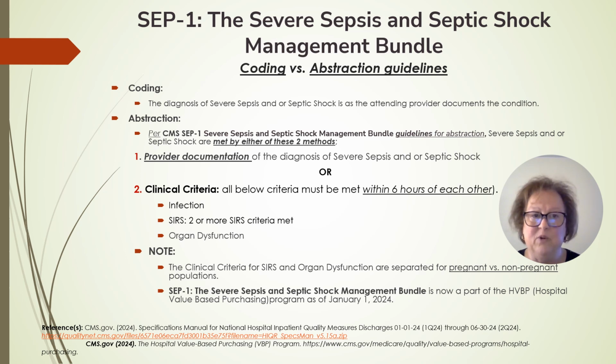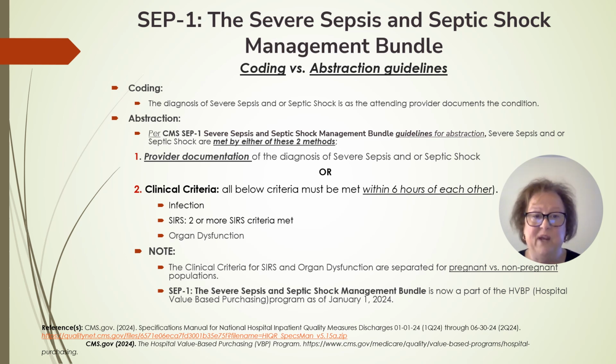So just so we're all speaking the same language, when the attending provider documents that the patient has severe sepsis or septic shock, that is what it is, and that's reported and is reflective of the care that the patient receives. In terms of abstraction and external core measure reporting, it is a combination of either the provider documents that the patient has severe sepsis or septic shock, or by clinical criteria being met.